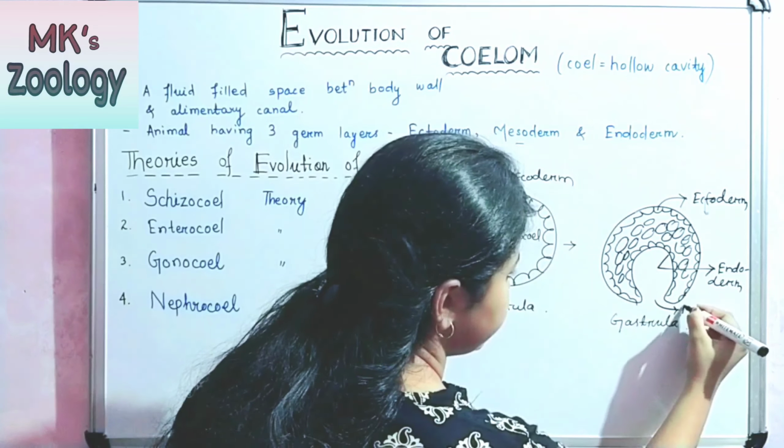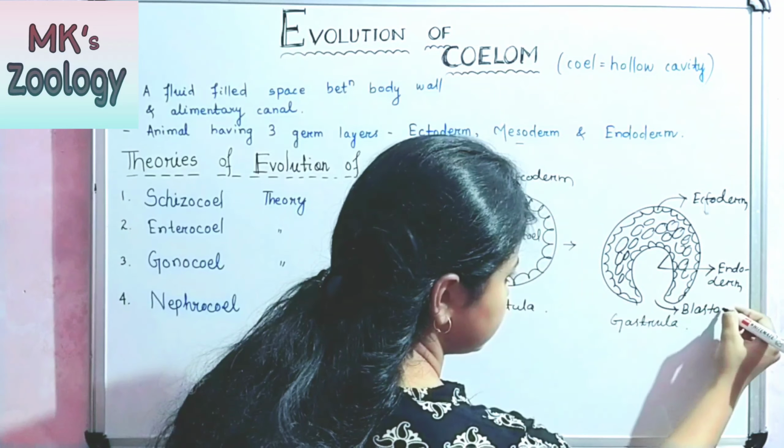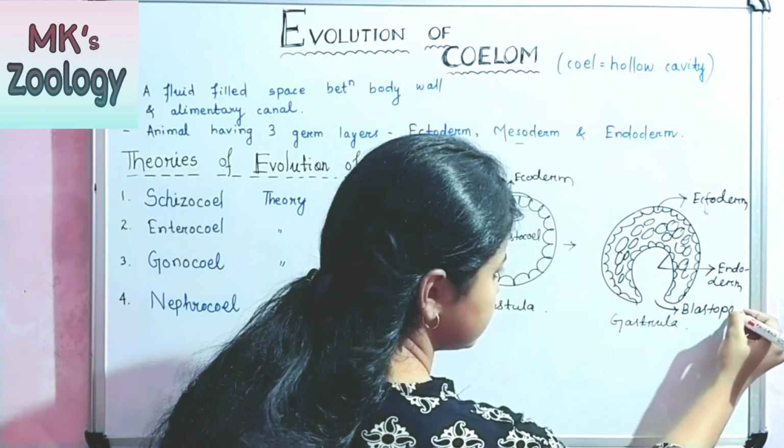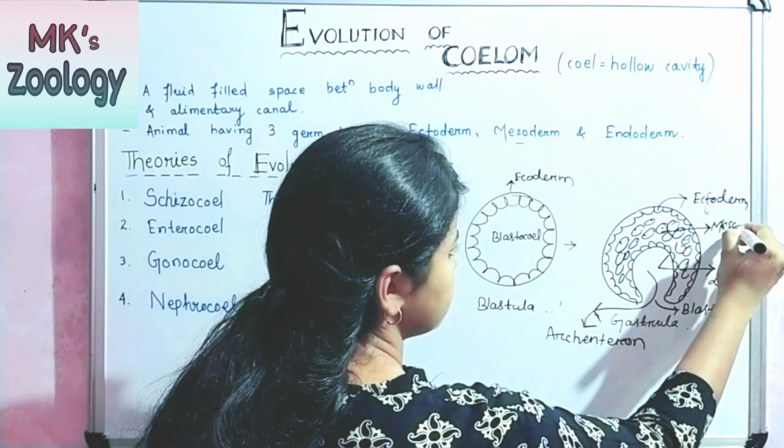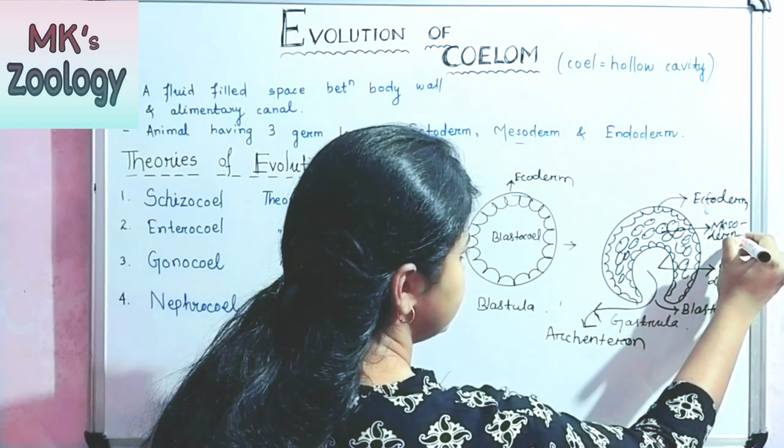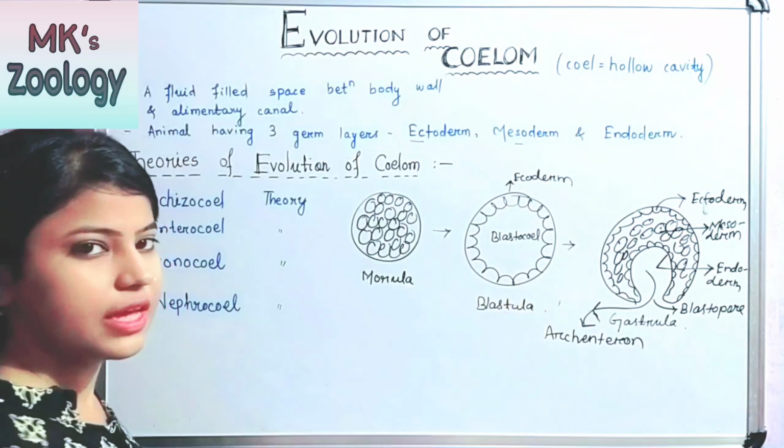The opening is known as blastopore, and the space, this is known as archenteron. Okay, and the cells in the middle are mesodermal cells. Mesoderm. Okay, this is your gastrula.